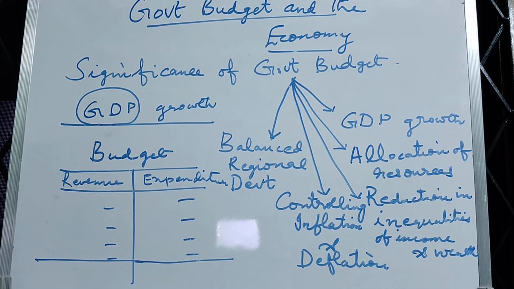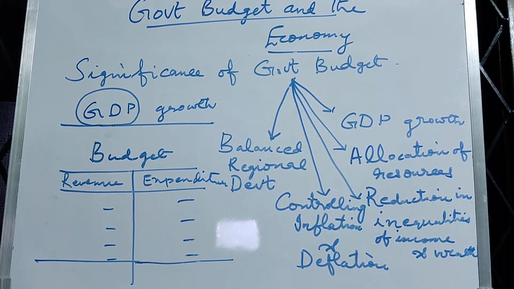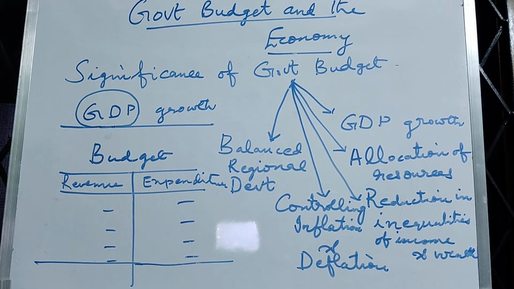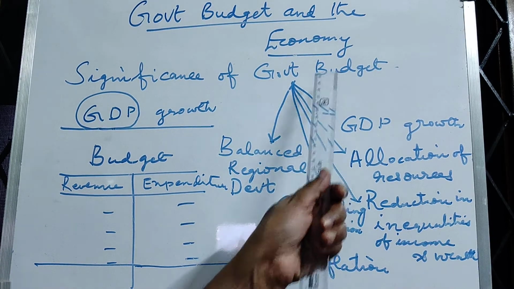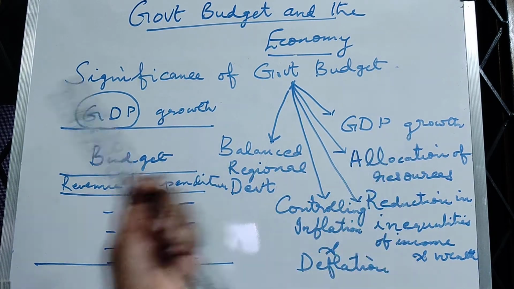When the gross domestic product increases over the years, that will ultimately lead to economic growth. This is how the government budget helps in GDP growth.